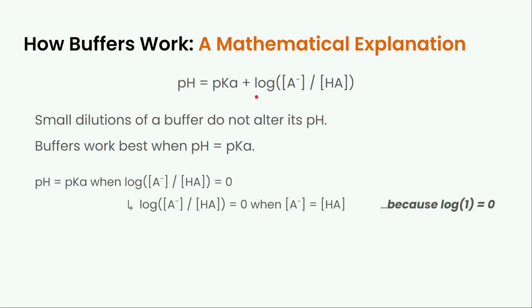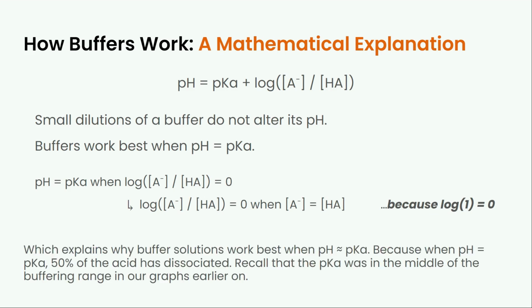Well, it so happens this last term will cancel to 0 when HA in square brackets takes the same value as A minus in square brackets, because log of 1 is 0. So when you do log of 1, you get 0, and this equation simplifies to pH equals pKa. So that's what I've written down here. This last term here cancels to 0 when the concentration of A minus equals the concentration of HA, which is what our graphs showed earlier.